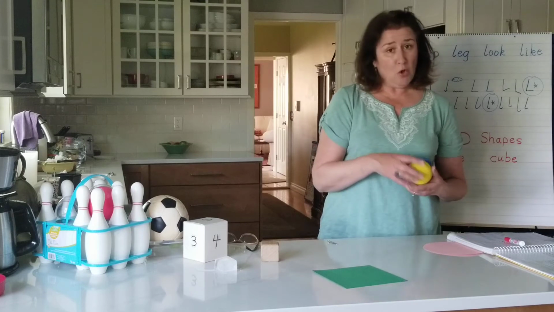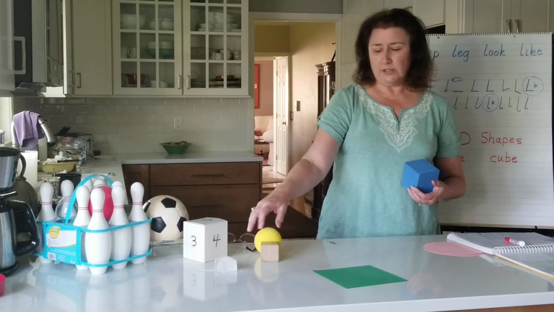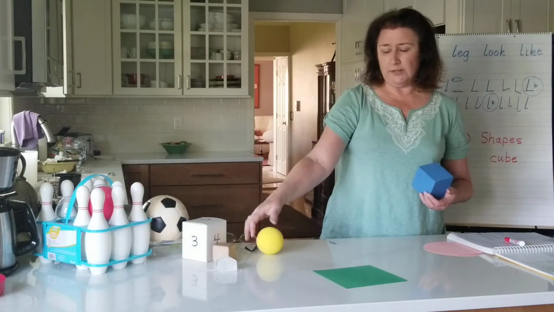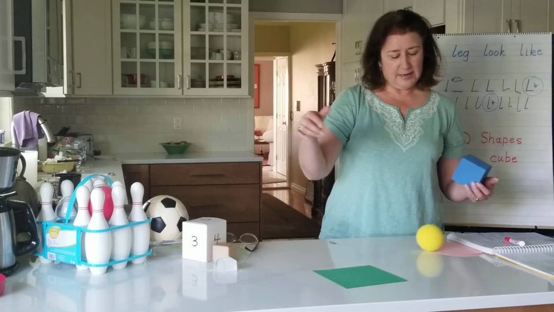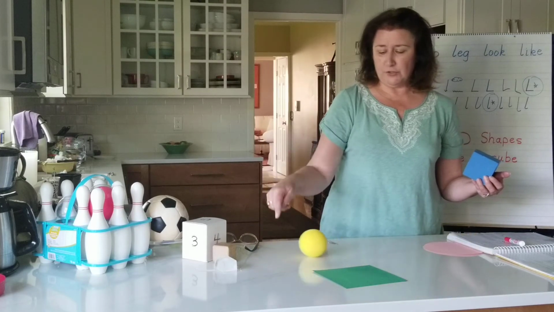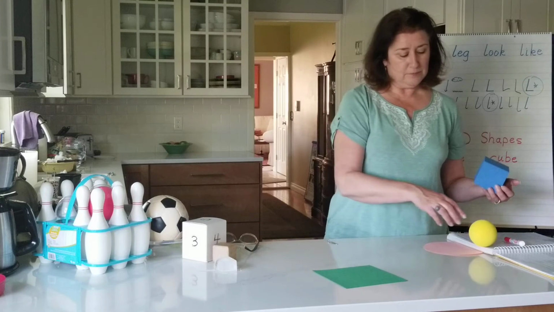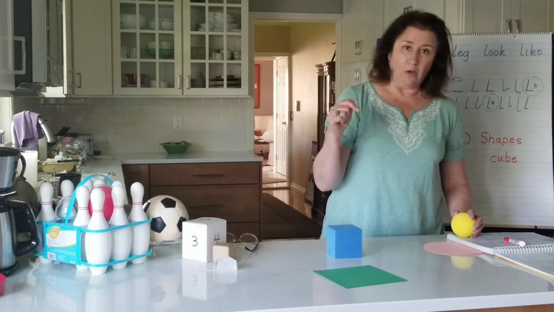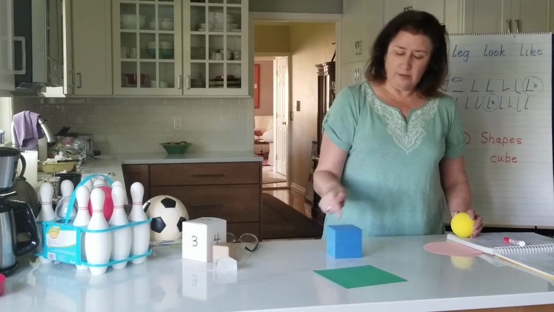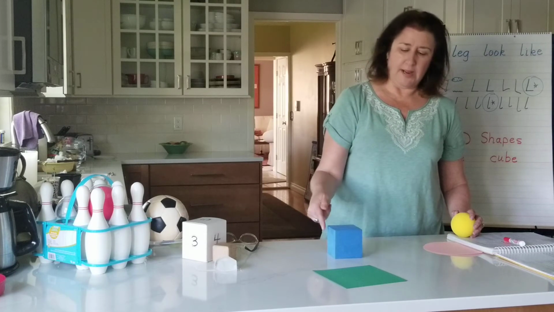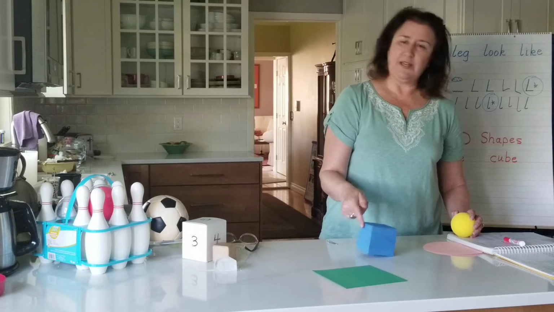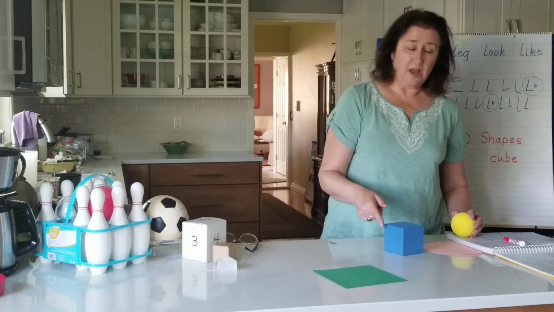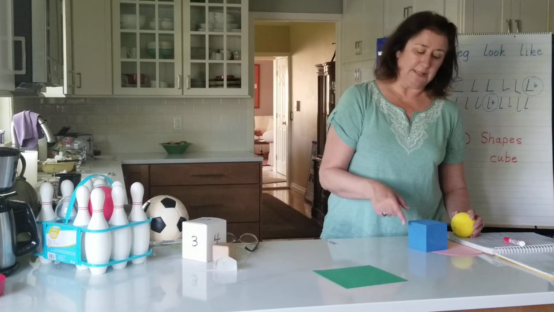Because to roll means I can give this sphere a little push, and it can keep going on its curved surface all on its own. Whereas with a cube, I can push it, thunk, and it will thunk, but it stops, right? It's not rolling. I'm just pushing it on its face.